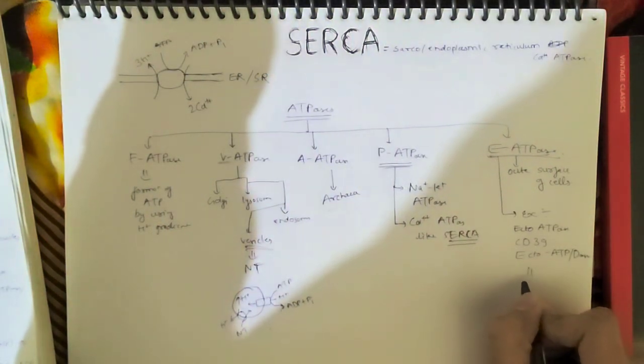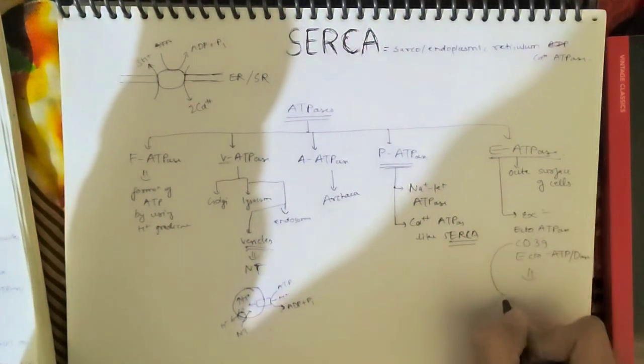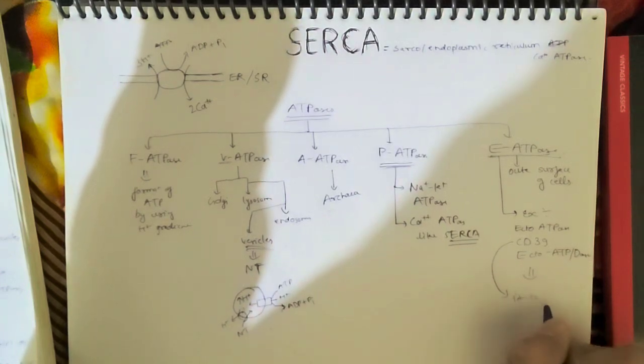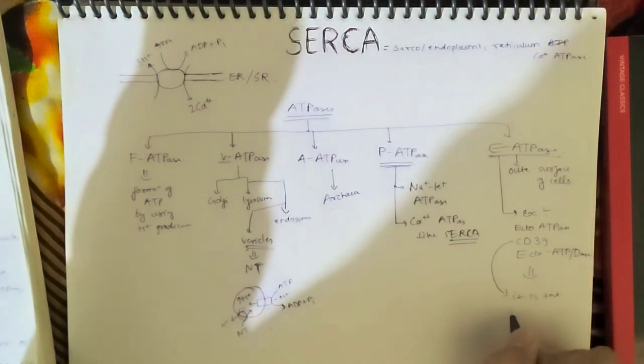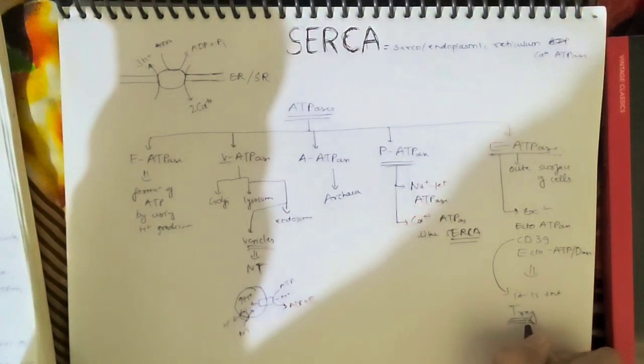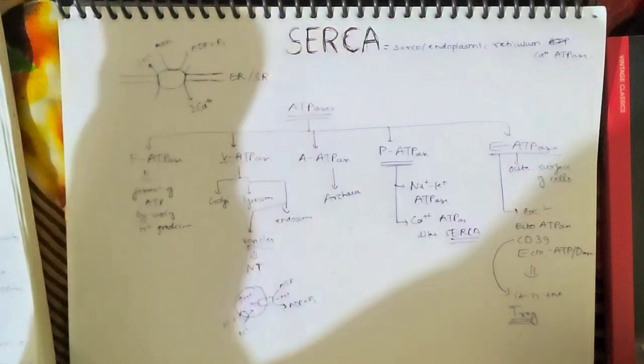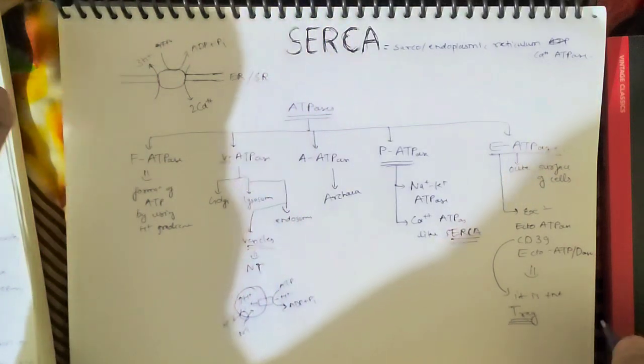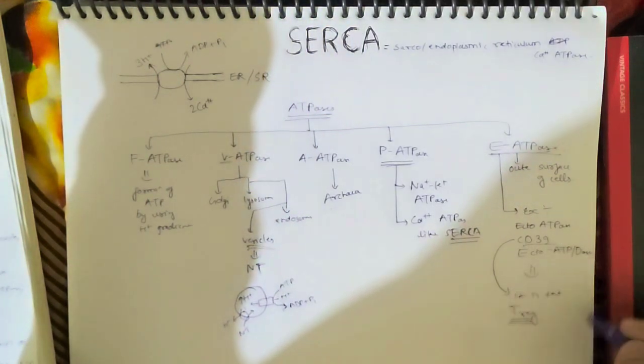suppression of the immune system, especially CD39. It is present on some cells like T regulatory cells. In T regulatory cells, one of the main ways the immunosuppressive effect is performed is by CD39.